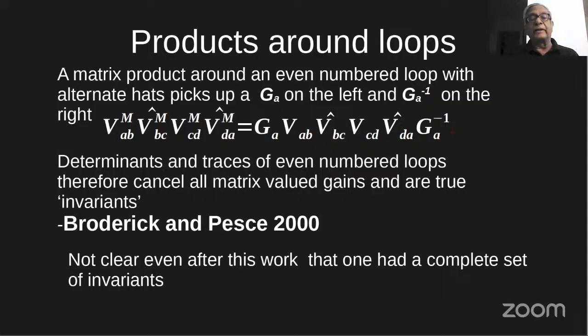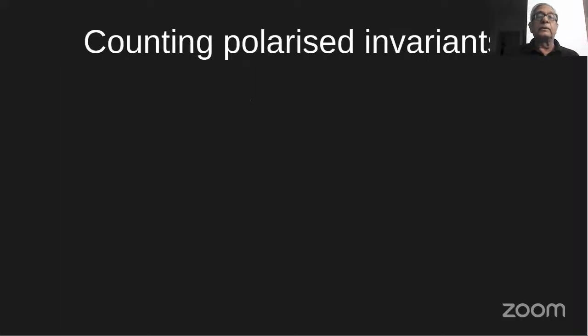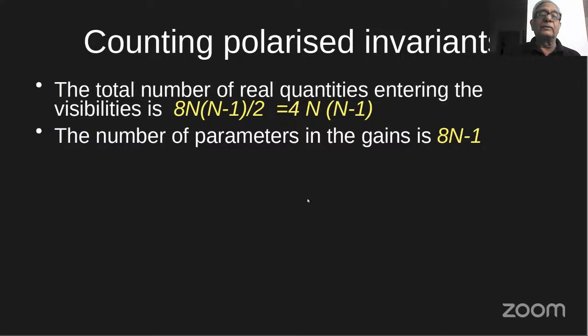Now the focus shifted to constructing a complete set of invariants. Again, the first step, even before you construct them, is to count them. This will run very much in parallel with what we saw earlier, except now each baseline gives you 8 real numbers, so 4 times n(n-1).